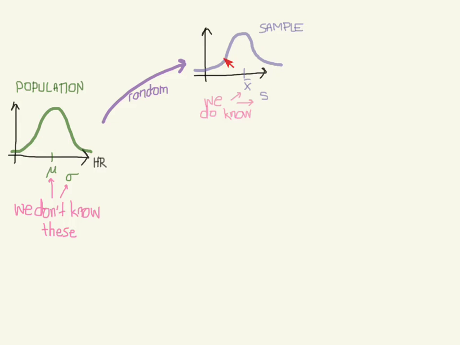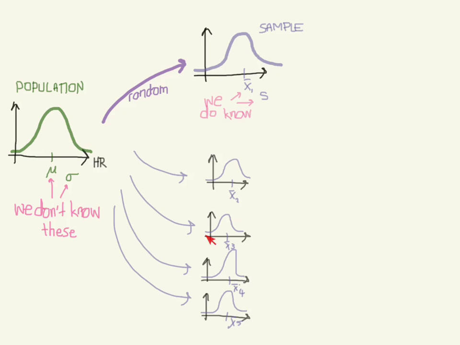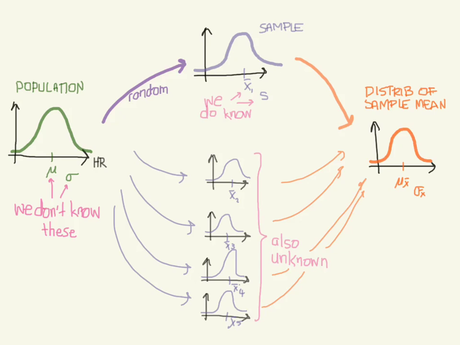Now, if we were to do this little experiment, this trial, many times, in fact, as many times as possible, then each sample would have its own distribution with its own mean, and they'd each have their own standard deviation. Now we're not going to do this many, many times, so these are actually unknown as well. But if we did know them, and we took all these sample means and plotted them onto their own distribution, then we would get our distribution of the sample means.